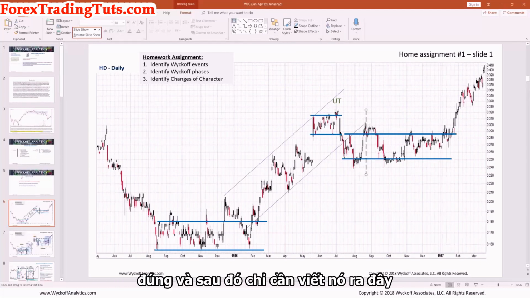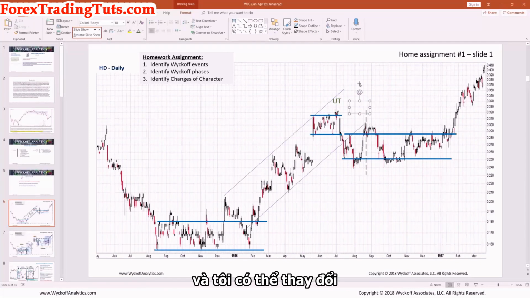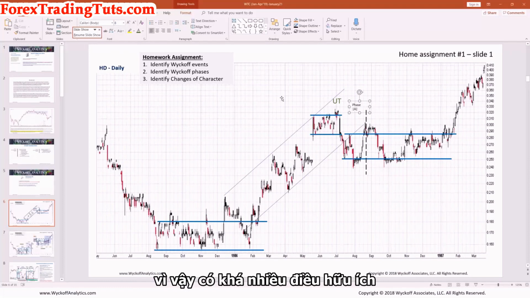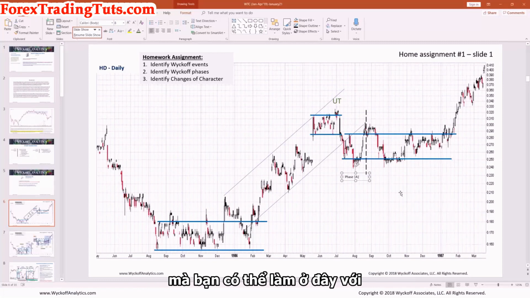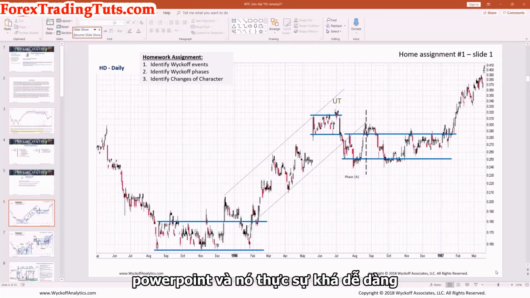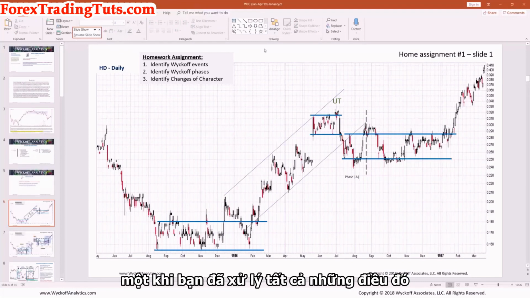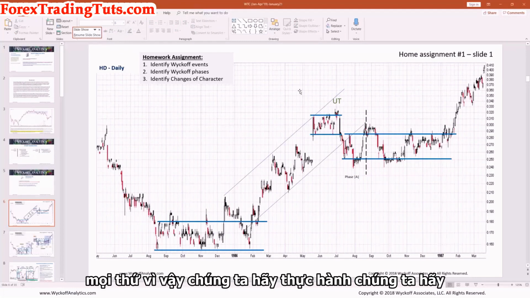And then just write it down here, and I could change the size of it, and so on and so forth. So there are quite a few useful things that you could do here with PowerPoint, and it's actually quite easy once you get a handle on all of those things. So let's just practice.